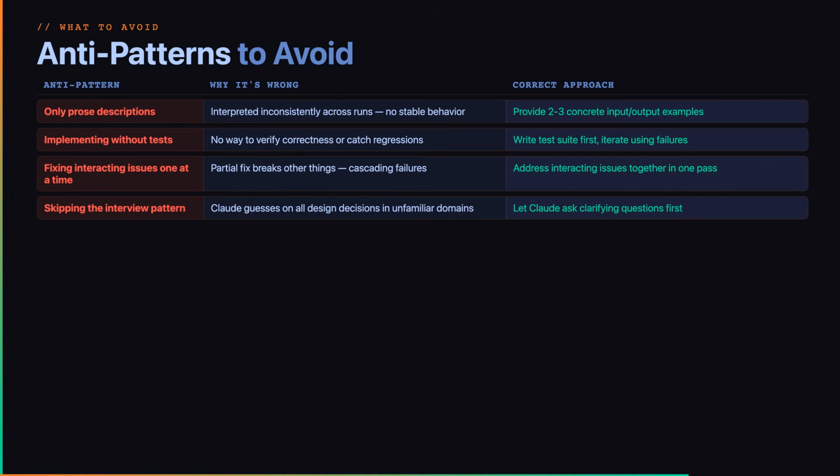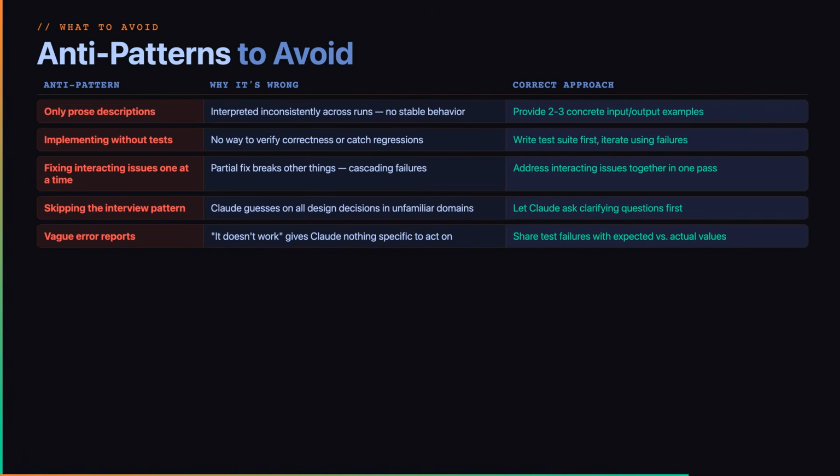The fix. Ask Claude to interview you before it writes a single line of code. Anti-pattern 5. Vague error reports. Telling Claude it doesn't work gives it nothing to act on. The fix. Share the specific test failure with the exact expected value and the exact received value.